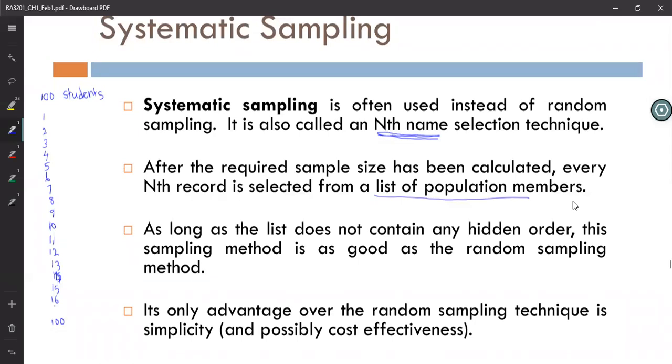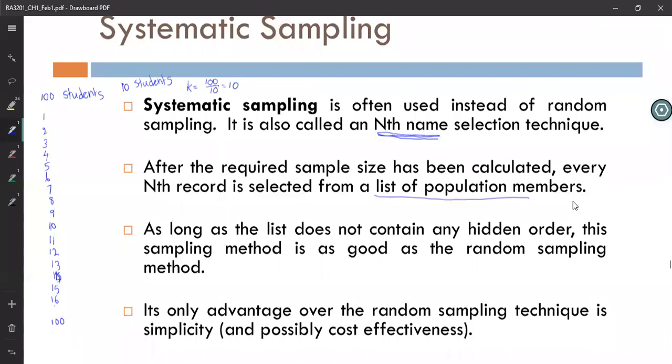Let's say you want to pick 10 students. If you want to pick 10 students out of 100, you can choose something called the gap, let's say K. So you divide 100 by 10, so the gap will be 10.